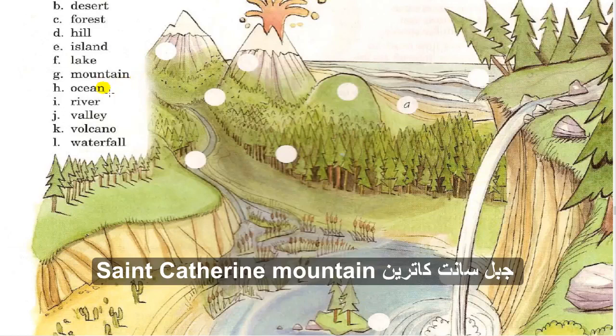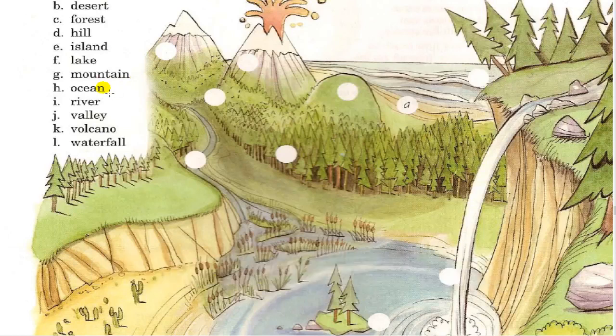Ocean. Atlantic Ocean. Pacific Ocean. Indian Ocean. River. The Nile. The Mississippi. The Amazon. Valley. The Nile Valley. Volcano. This is a volcano. Waterfall. Niagara Waterfalls in the USA.